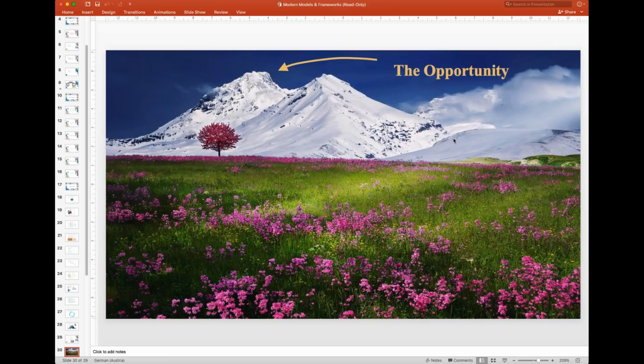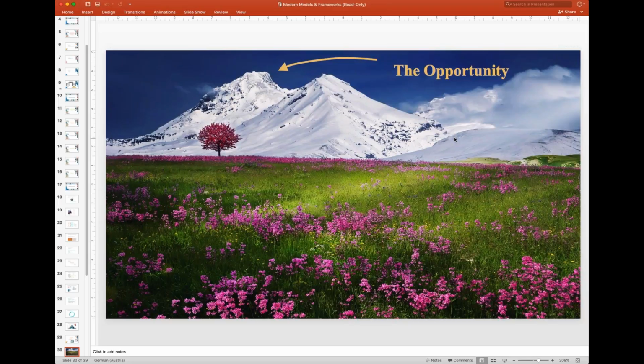I metaphor the process of conquering a mountaintop to conquering an opportunity in the market. I will talk about mountain climbing, but I will ask you to think about what is the equivalent in the entrepreneurial or the business world.